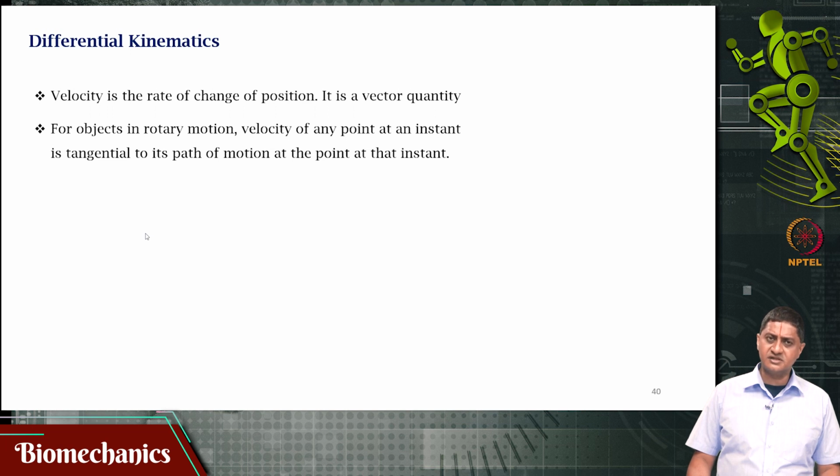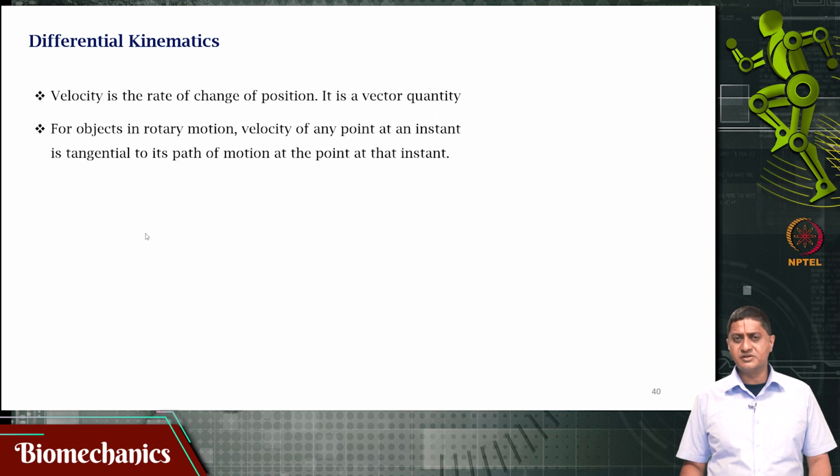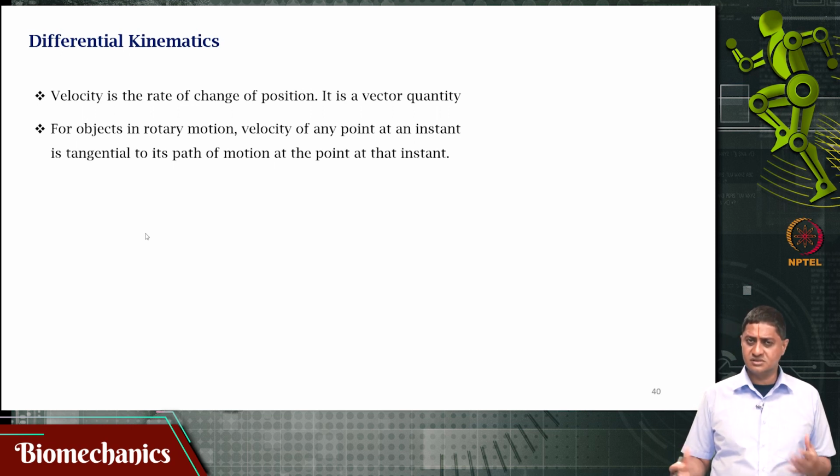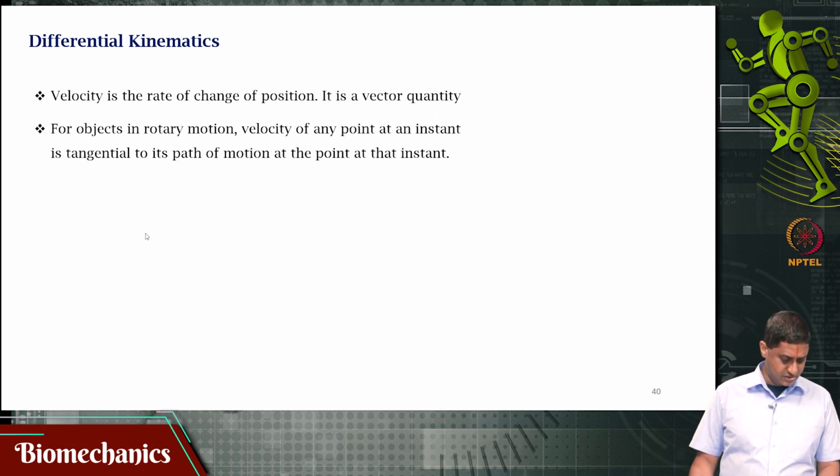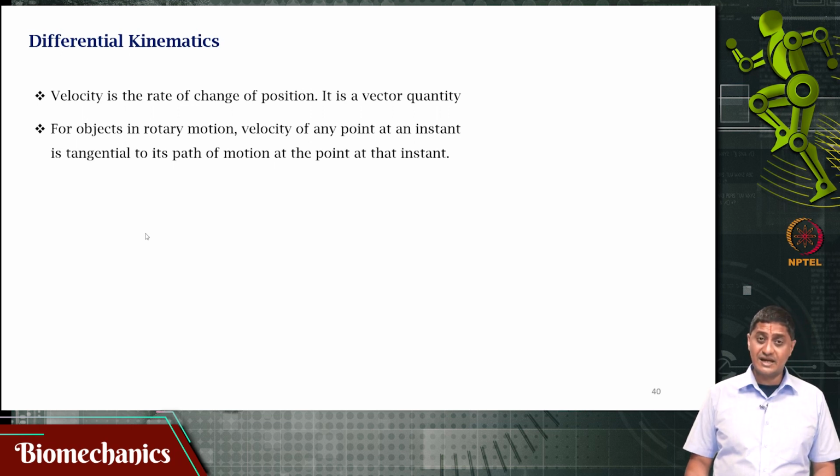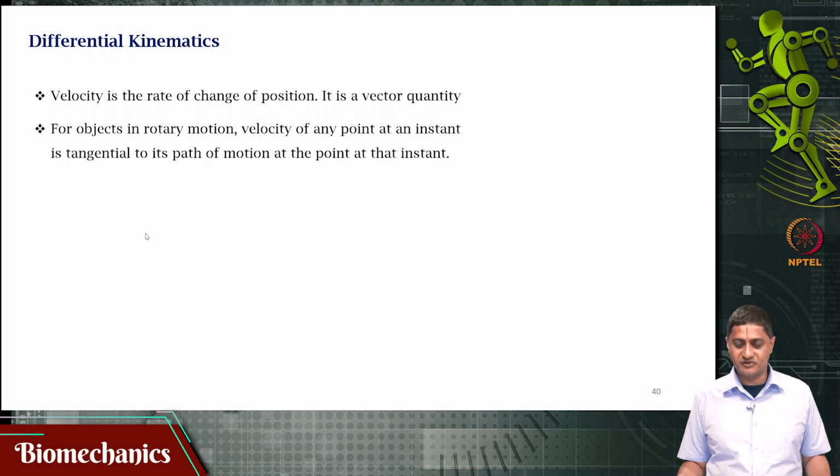The scalar quantity corresponding to velocity is speed, which is essentially just the magnitude of velocity without direction. So you need both direction and magnitude to describe velocity completely, because it is a vector.